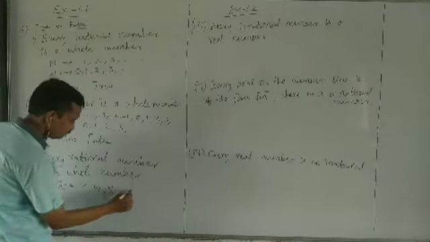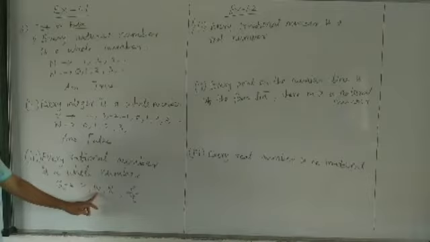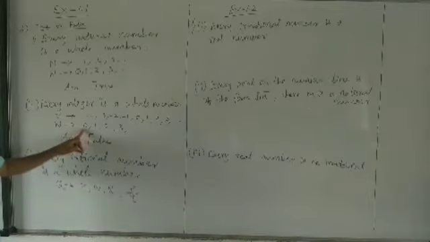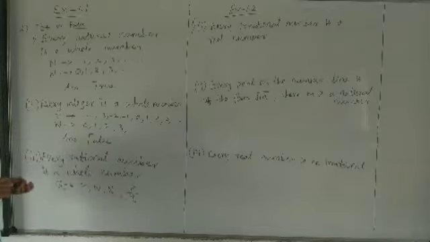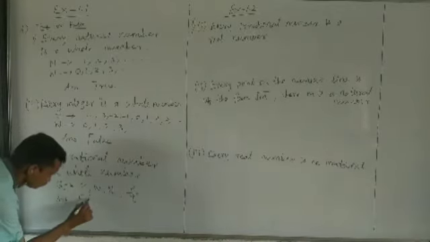So of the form P by Q, integer by integer, that's also a rational number. But in whole number, only the W. That I have already written. You see here 0, 1, 2, 3, etc. That is only whole number. So every rational is a whole number is wrong. Okay. So answer is false.